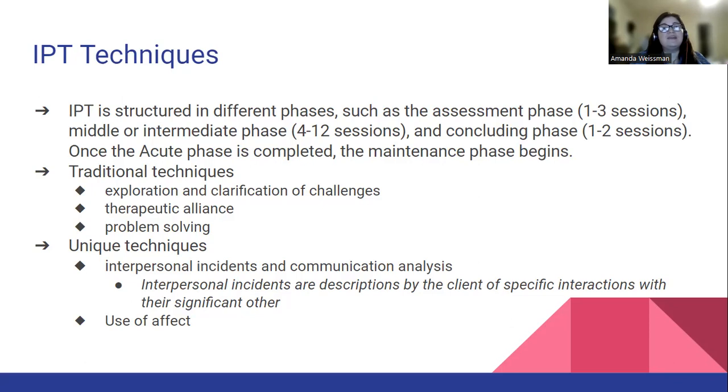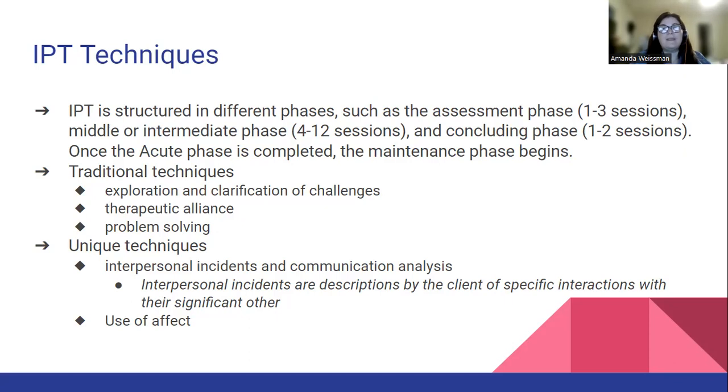So once a therapist gains an understanding of the miscommunication and factors contributing to the incident, they can move to the communication analysis, in which the communication between the client and their partner is broken down and examined in detail. So they look at communication patterns that can be identified there, and changing behaviors and communication patterns can be helped by the client connecting with their emotions in therapy and understanding their affective state in that response.